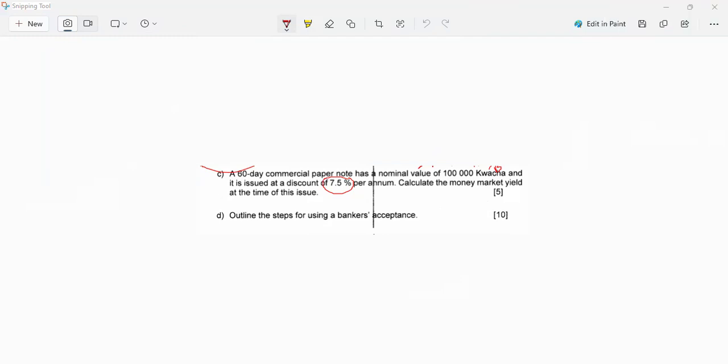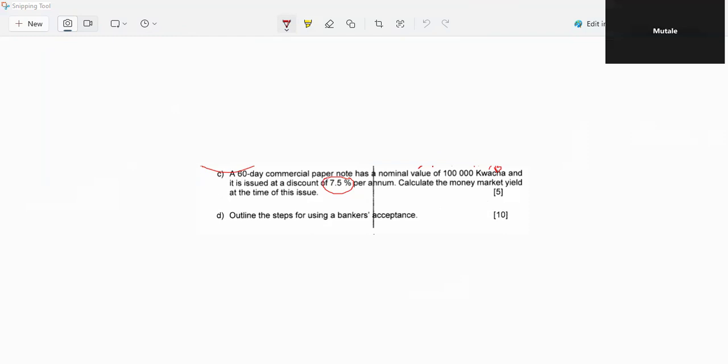Okay, we have been given time of 60 days. Then face value of 100,000. Good. What else? What else have we been given?